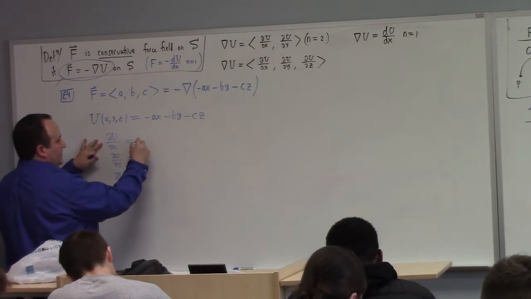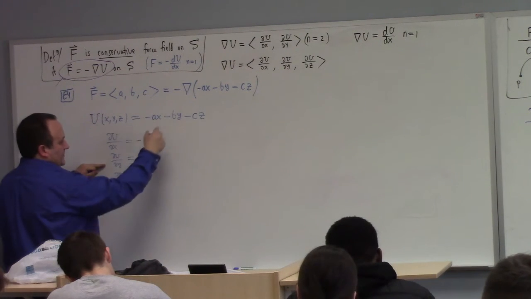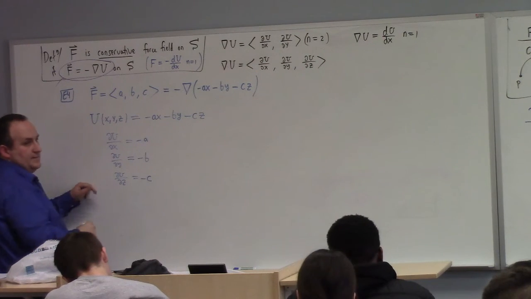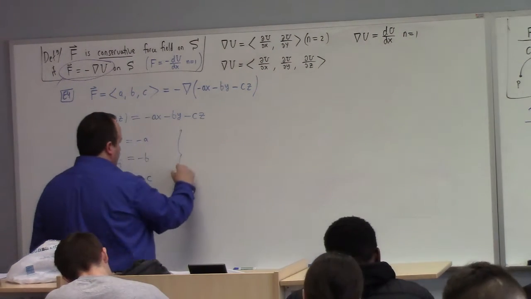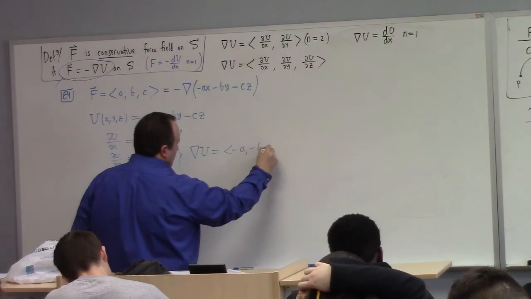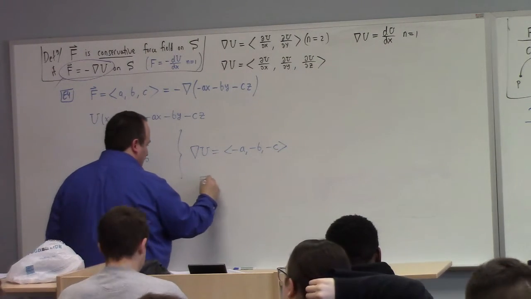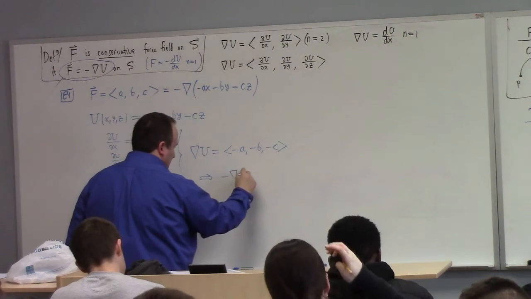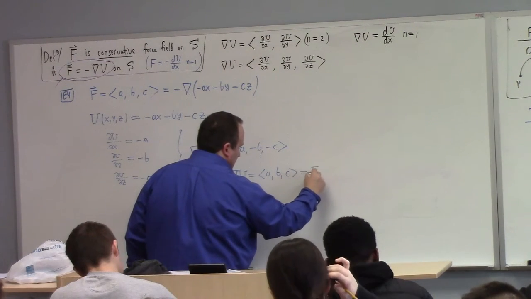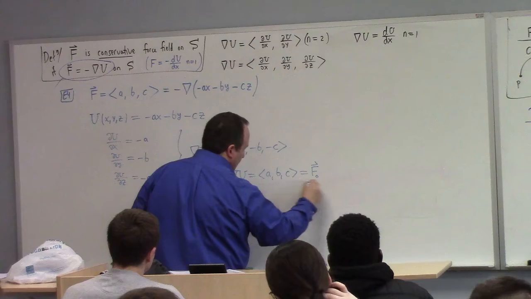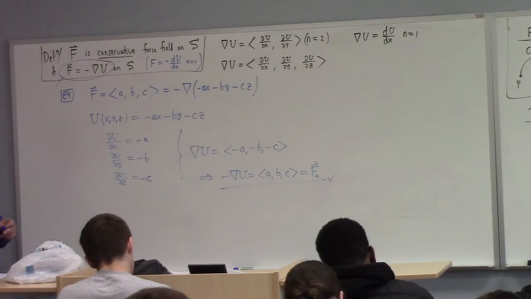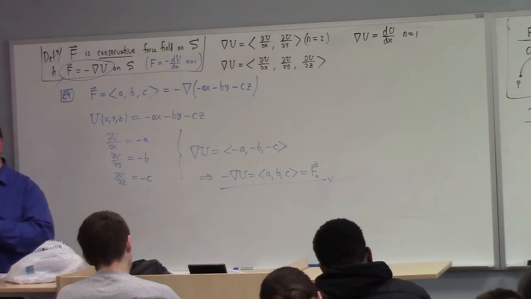Partial U partial X is minus A, partial U partial Y is minus B, partial U partial Z is minus C. So all these things together tell us that the gradient of U is minus A, minus B, minus C, which tells me that minus the gradient of U is equal to ABC, which is what we want because that is the given constant force. So yes, a constant force is a conservative force. Hooray! Not surprising. Constant forces are super easy.